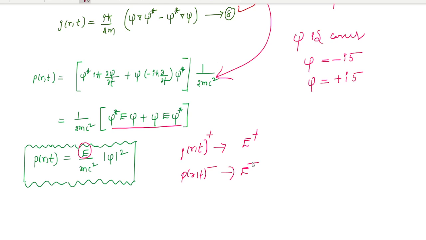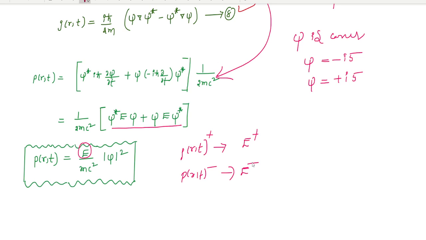In other words, the probability density takes both positive and negative values. Hence, the P(r,t) given by equation number 7 cannot be regarded as the position probability density.